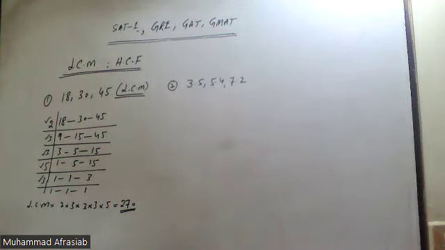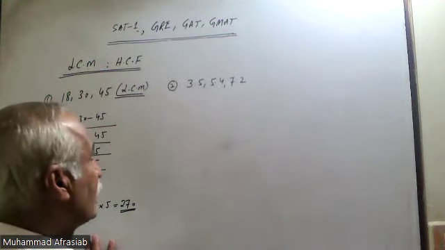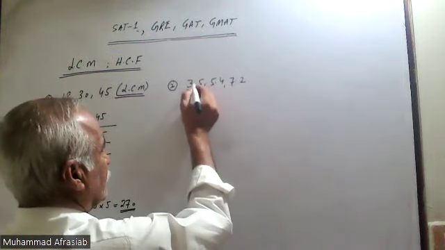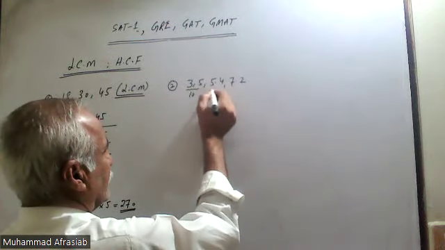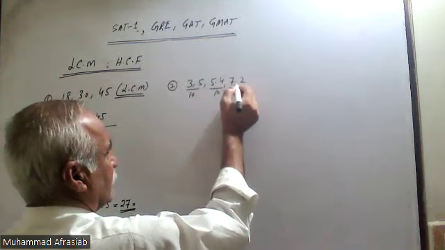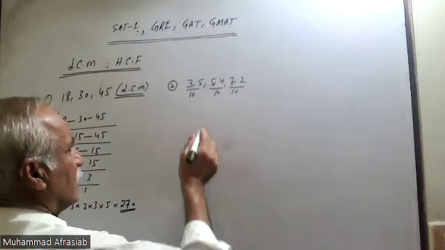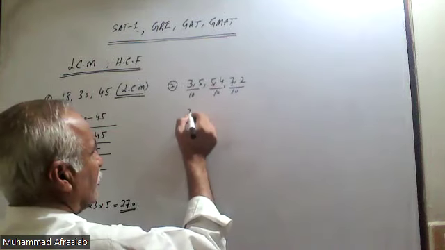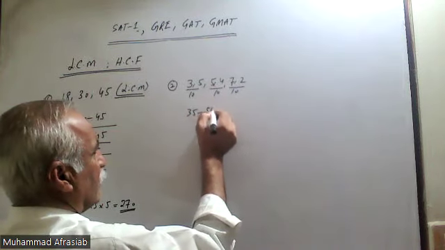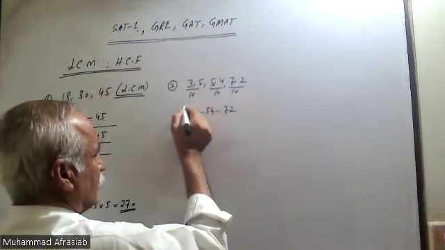First of all, we will change all these numbers into fractions. And then you will find the LCM of 35, 54 and 72.